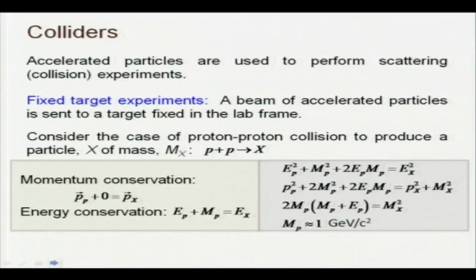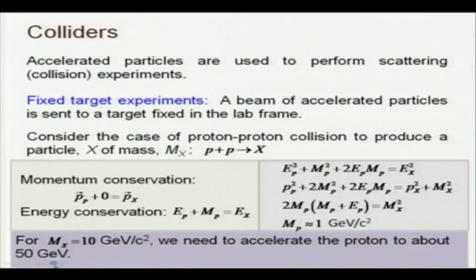and assuming that we are interested in, let us say we have a theoretical understanding or some theoretical model which suggests that when you collide a proton and a proton, you can produce, say, a particle of mass say 10 GeV.